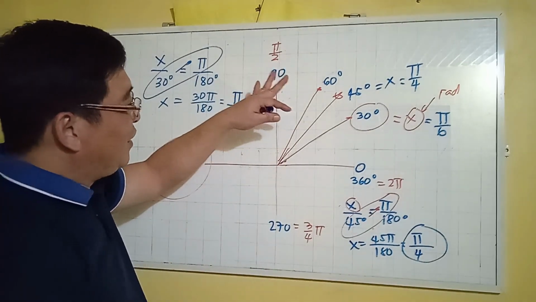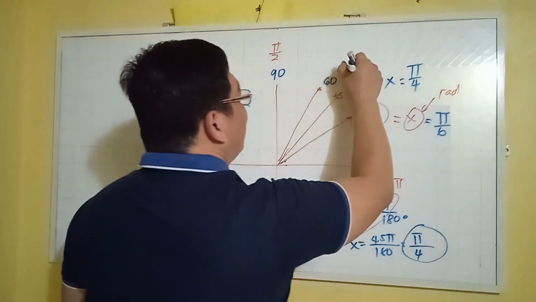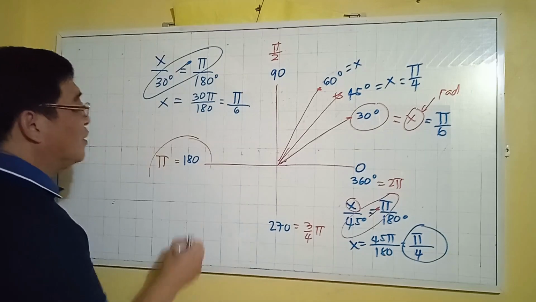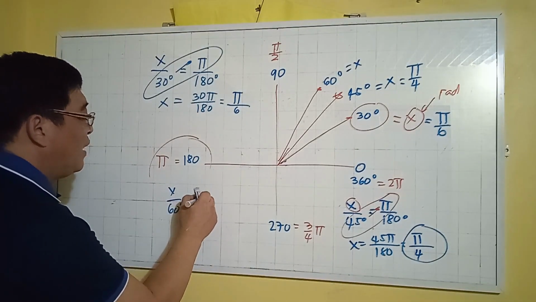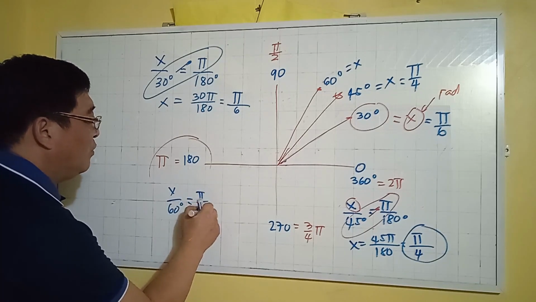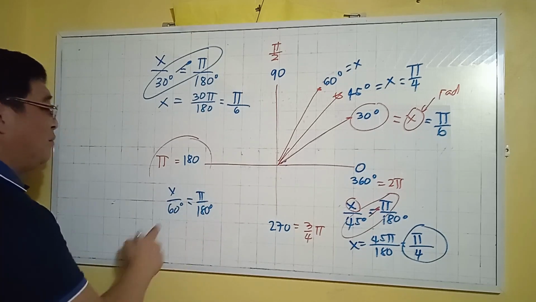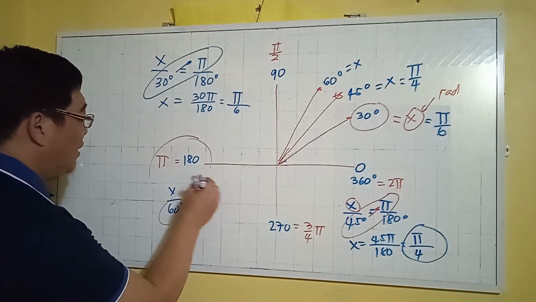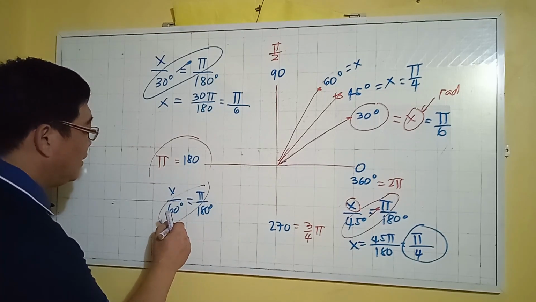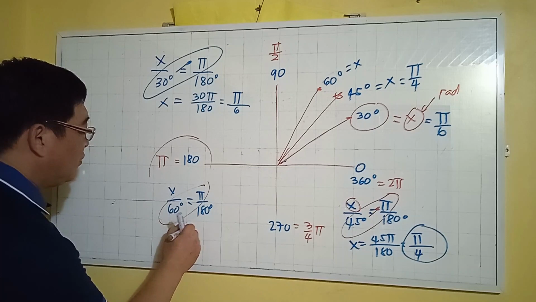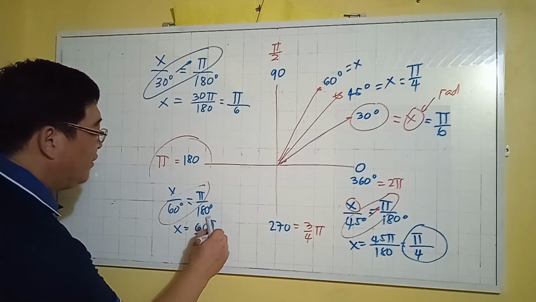How about 60 degrees? Ganun din siya. Sa 60 degrees, hanapin natin yung pi. So, x over 60 degrees is equals to pi over 180 degrees. So, pi nasa taas, degrees nasa baba, and then you're going to cross multiply. Mapupunta sa taas itong 60 degrees. You have x is equals to 60 pi over 180 degrees.